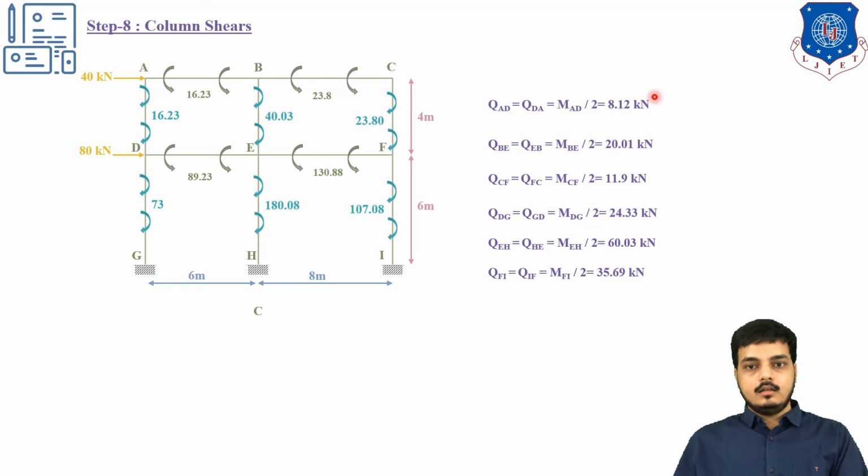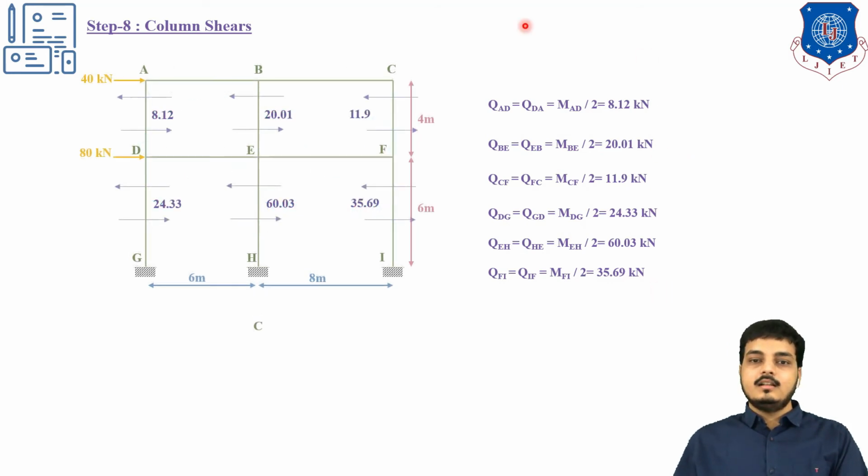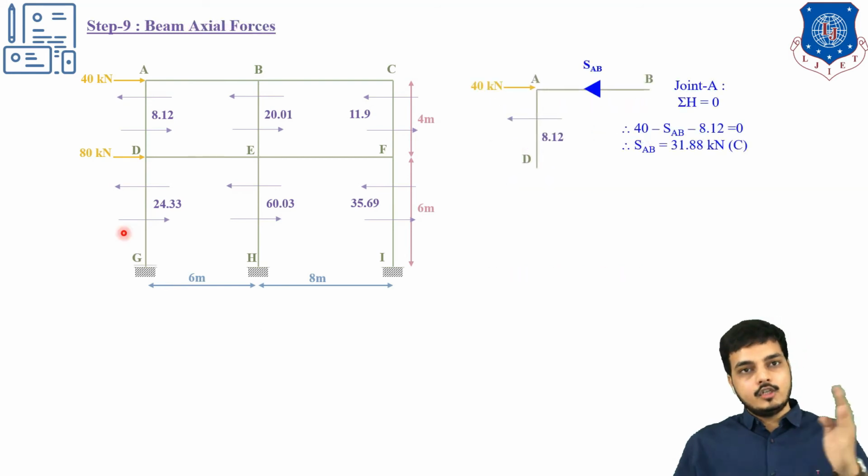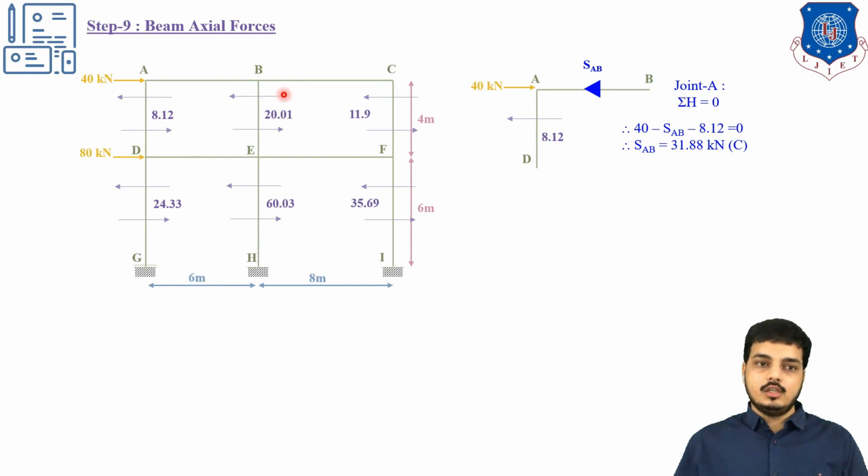I am not explaining in detail because we have already done this. These are my column shears. Equal and opposite need to be applied at the midspan of the column. In a similar way, with the help of shear of column, we can find out axial force in the beam.